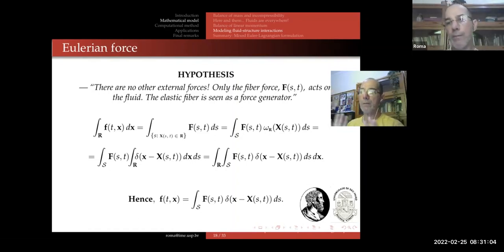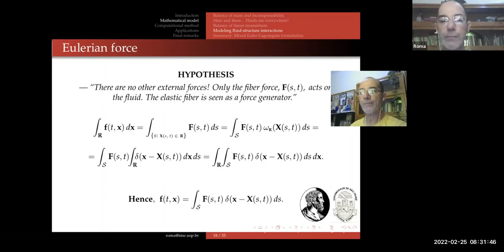From now on, we perform some algebraic manipulations, switch the order of the integral, right? And what I have here is that for any region where the flow is happening, an arbitrary region, I have this integral equal to this other one. Since the region is arbitrary, it happens that the integrand here must be equal to the other integrand there.